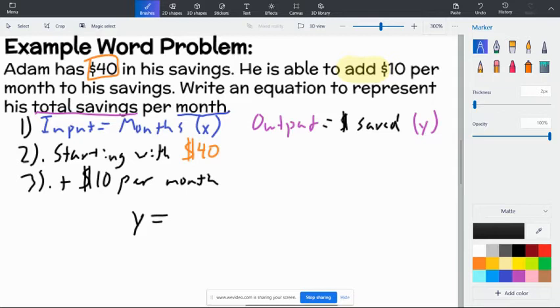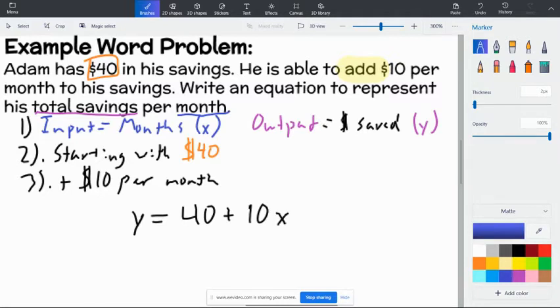Okay, the amount saved will be by itself. That output is going to equal the starting amount plus the rate of change, which right here is 10, okay, per month. And because it's per, we're multiplying $10 times the amount of months.